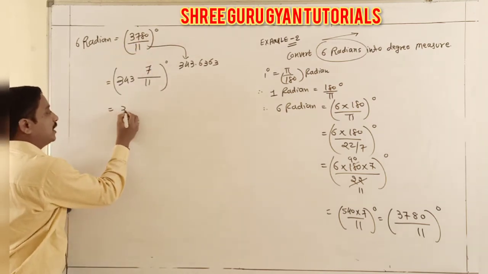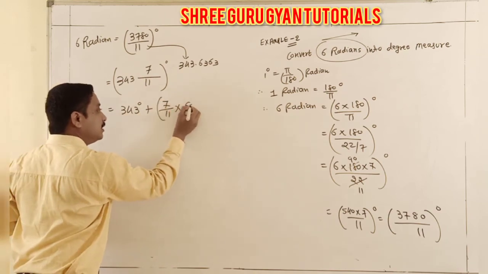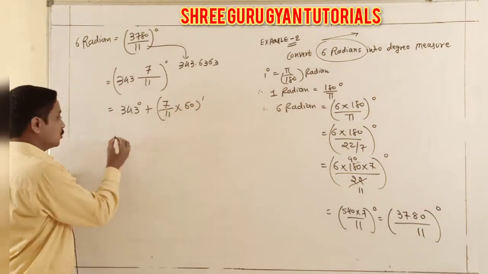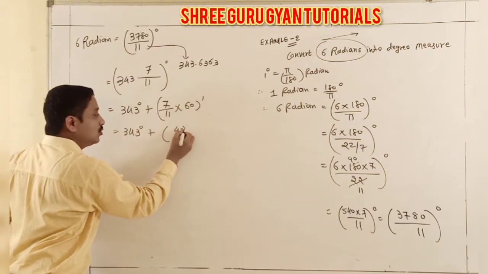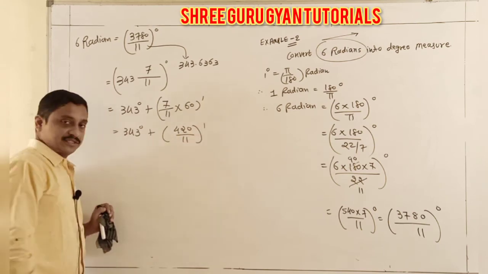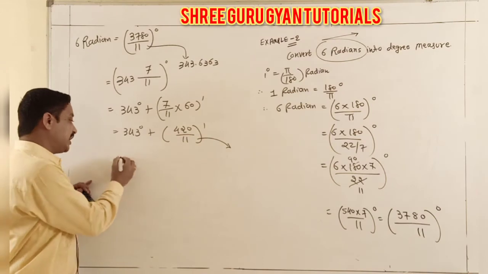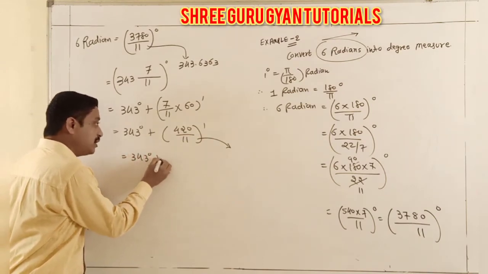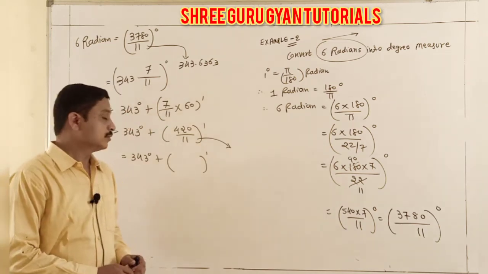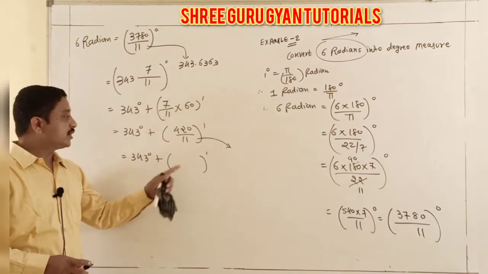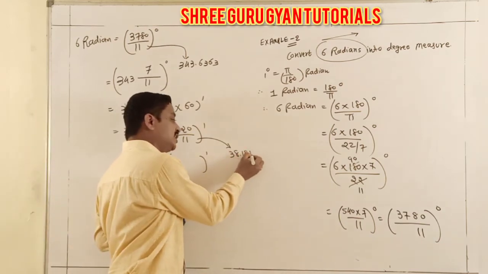So I just calculate 343 degree and 7 by 11 into 60 minutes. Further calculating, 7 sixes are 42, so 420 by 11 minutes. Divide using a calculator and you can get the division value. I hope students you calculate 420 by 11: it is near about 38.18.